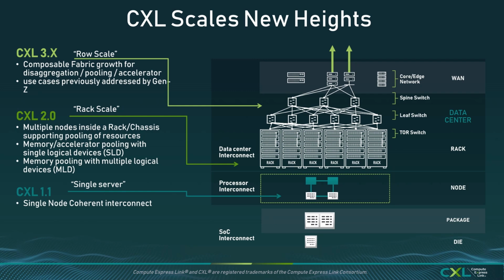This one shows the leaf switch and the spine switch hierarchy. In terms of scaling, the number of nodes in a single CXL domain increases significantly when going from 1.1, 2.0 to 3.x. And within 3.x, there were improvements from 3.0 to 3.1 to 3.2, and we'll talk about that.